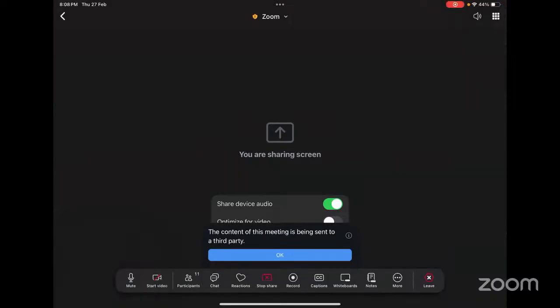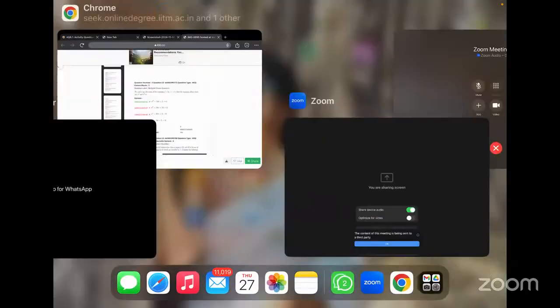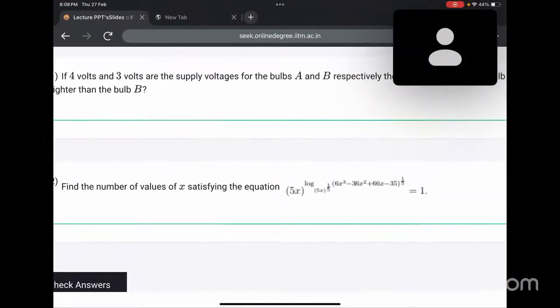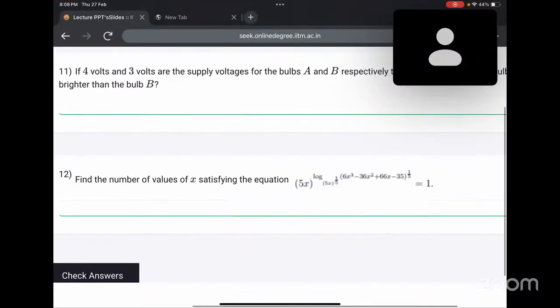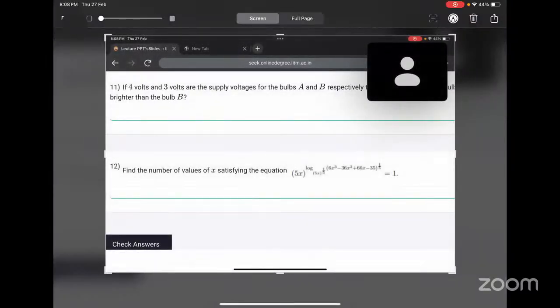You can hear me, right? Yes, yes, ma'am. So you are solving this, right? So what are the roots? If I take this equation equals 0, then what are the roots?